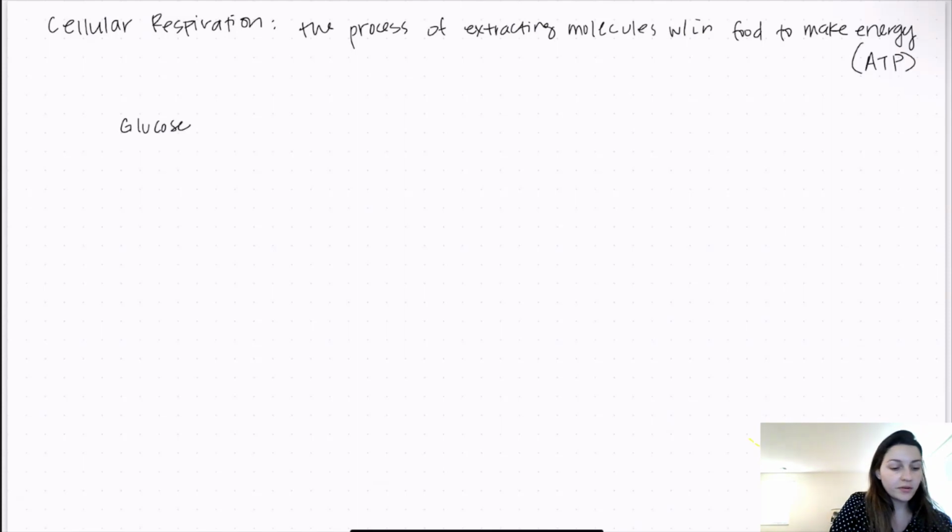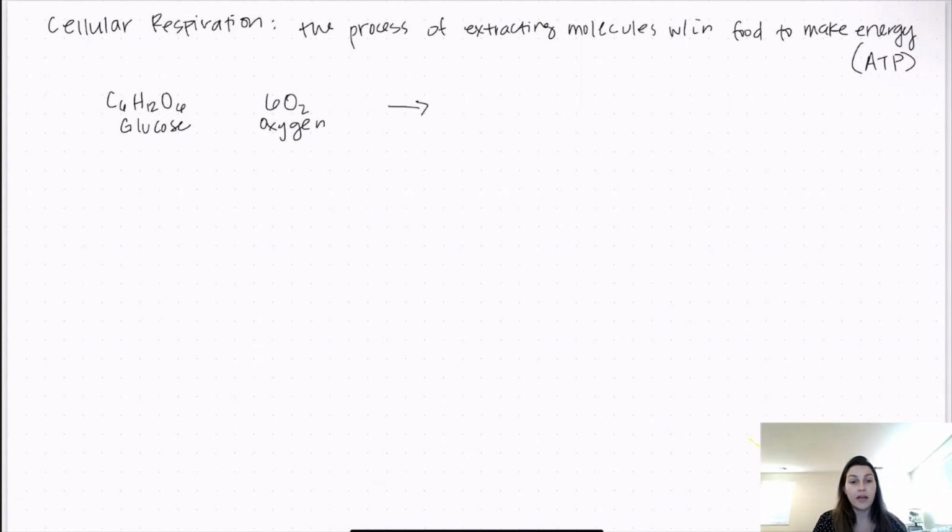So let's talk about glucose, because the chemical formula for glucose is C6H12O6, meaning that there's 6 carbon atoms, 12 hydrogens and 6 oxygens. When you combine glucose with 6 oxygen, the result will end up being ATP, but we also get some side products here.